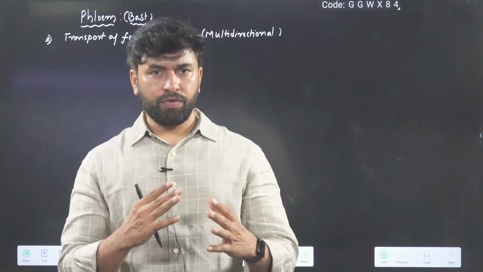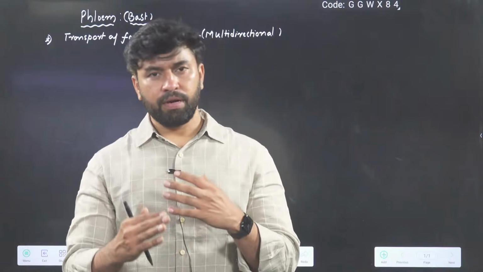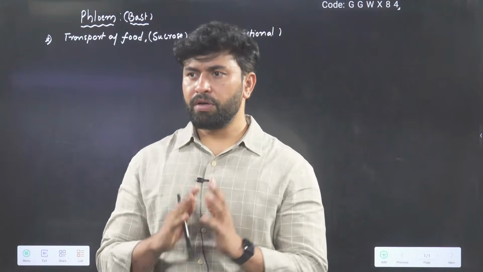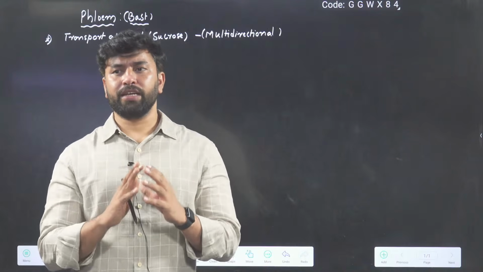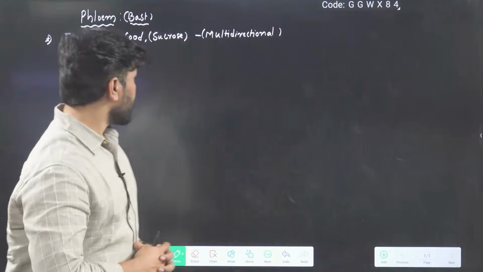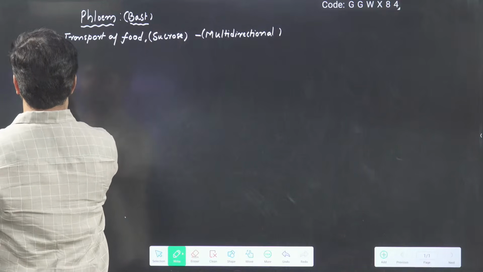It can take food from leaf to root, root to branches, branches again to root. Food can be transported in any direction through phloem. That's why phloem transportation is multi-directional. Xylem transportation is unidirectional.